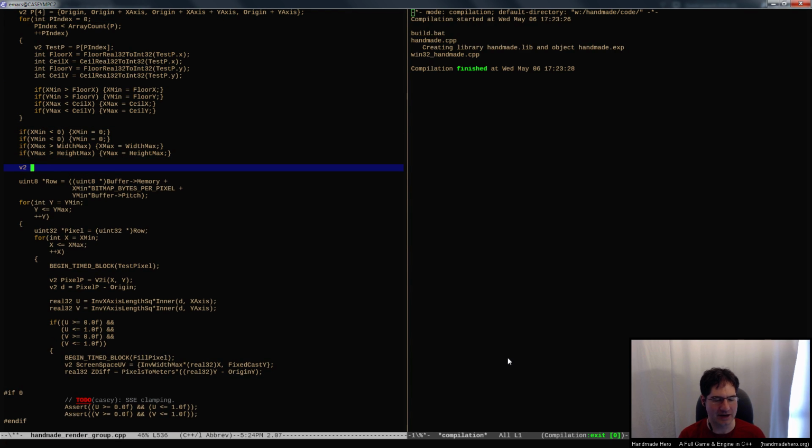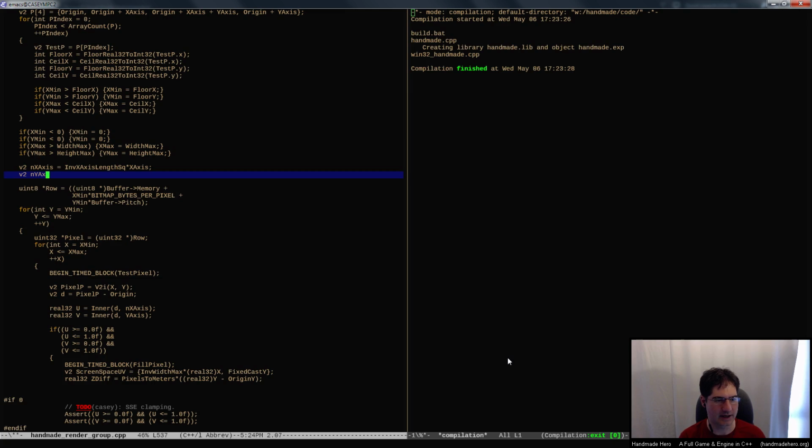You can imagine some kind of n x-axis, which is just this times the x-axis. We should be able to replace this with n x-axis and be done. And the same for the y-axis: v2 is that times y-axis, and off we go.